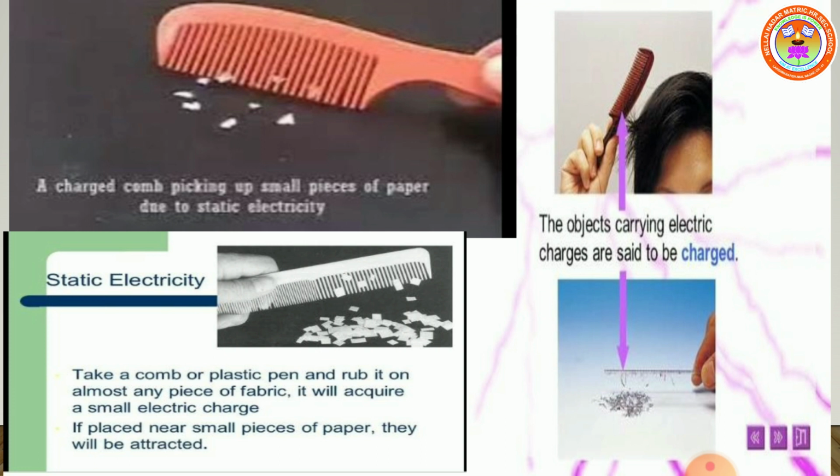Now, take a comb or plastic pen and rub it on almost any piece of fabric. It will acquire a small electric charge. If placed near small pieces of paper, they will be attracted.